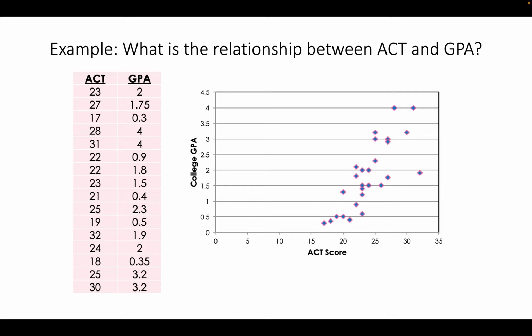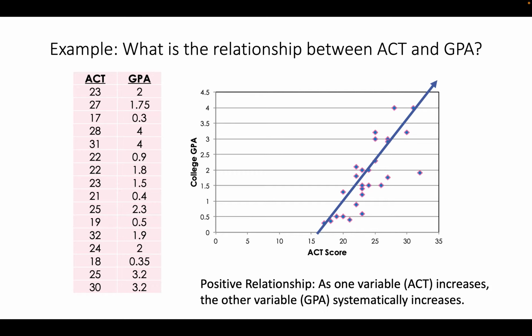So see how they are all kind of clustered in one area and you can kind of see a pattern? Well, here you can see that an increase in GPA and an increase in ACT are related. So here we have a positive relationship between ACT and GPA. As GPA increases, so does our ACT score.